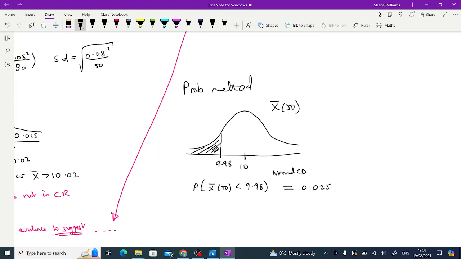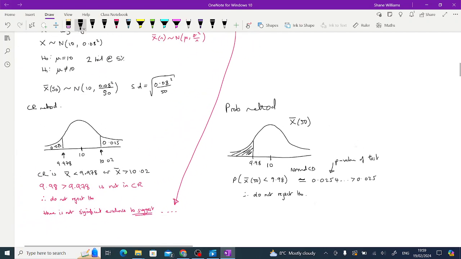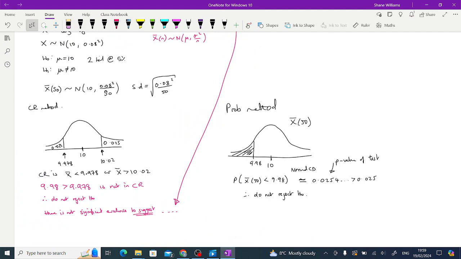I don't actually have the number, but I think it's something like this, roughly, which is greater than 0.025. Therefore, do not reject H0. This value we get is called the p-value of the test. So that way is possibly a little bit quicker, but the critical region method is the most important method to know.